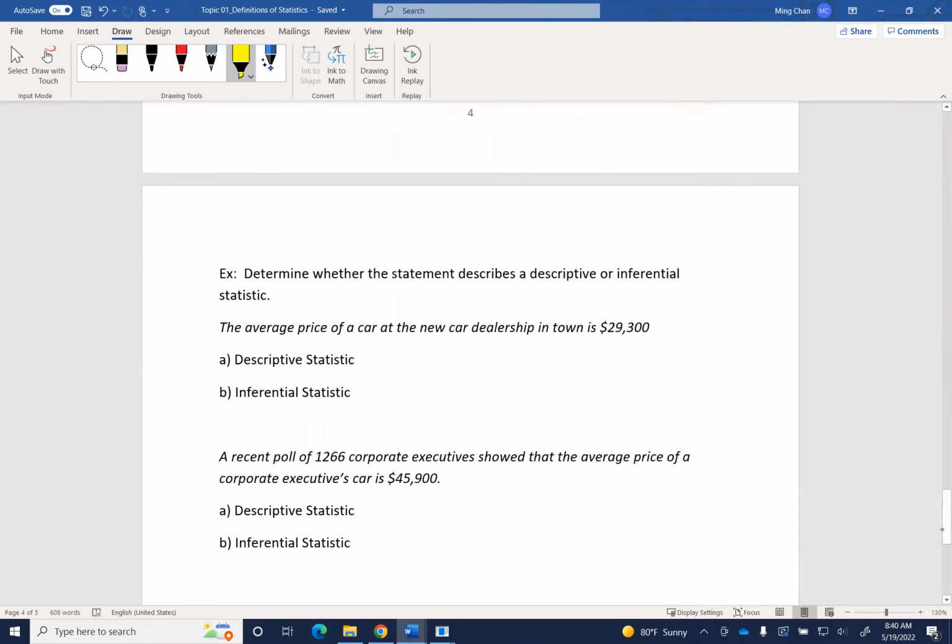All right, let's determine whether the statement describes descriptive or inferential statistics. The average price of a car at a new car dealership in town is 29,300.